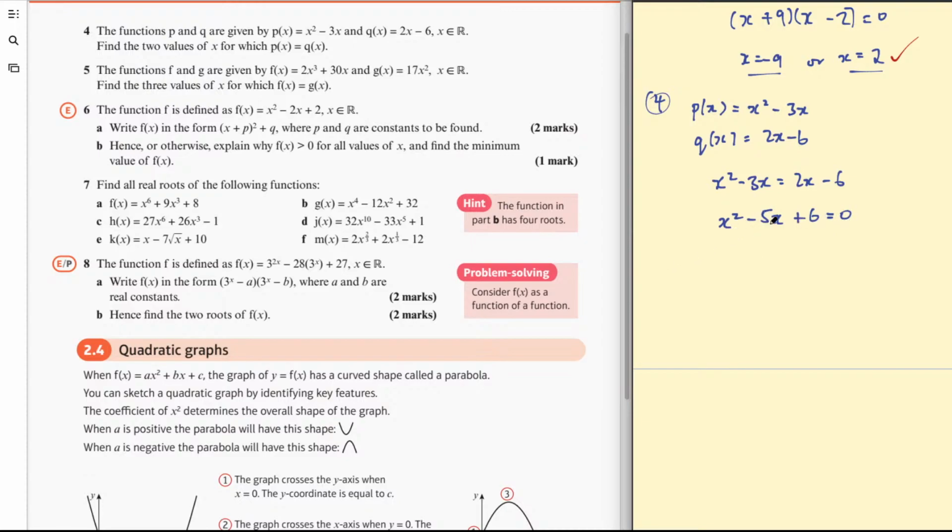So writing that as a quadratic equal to 0, that allows me to factorize. The factors of 6 that make 5 are 3 and 2, and they need to both be negatives to make negative 5. Then my solutions are x equals 3 or x equals 2.